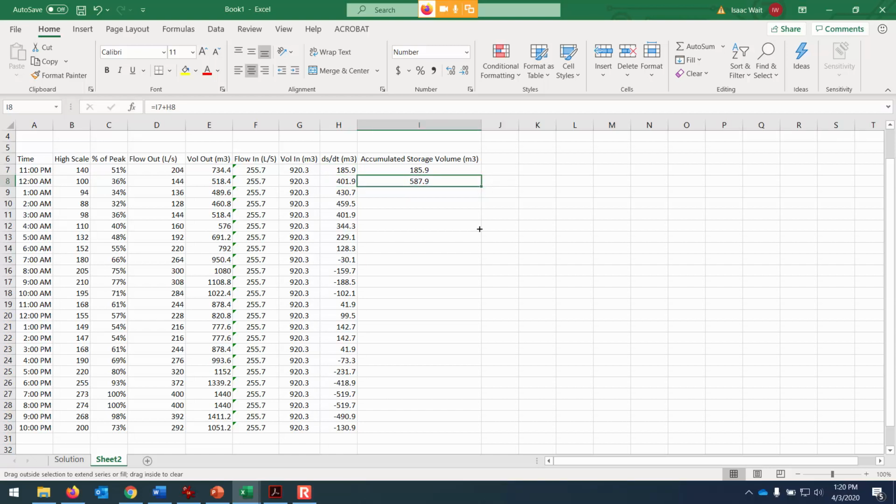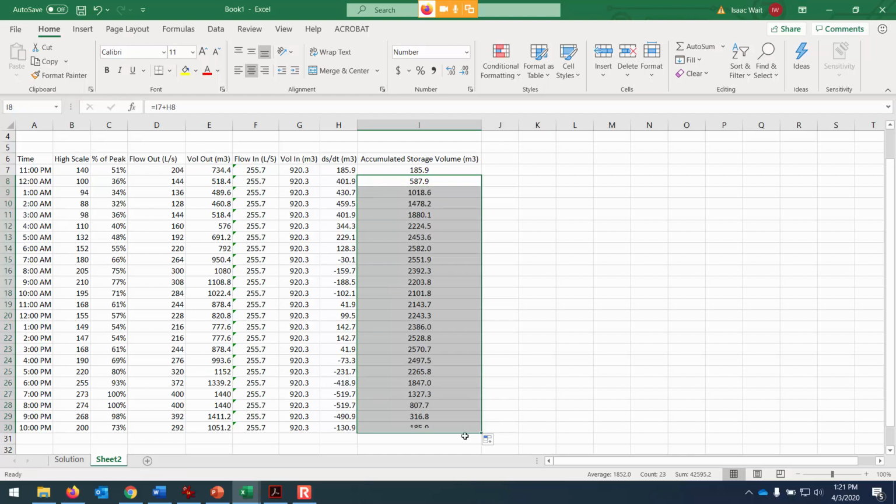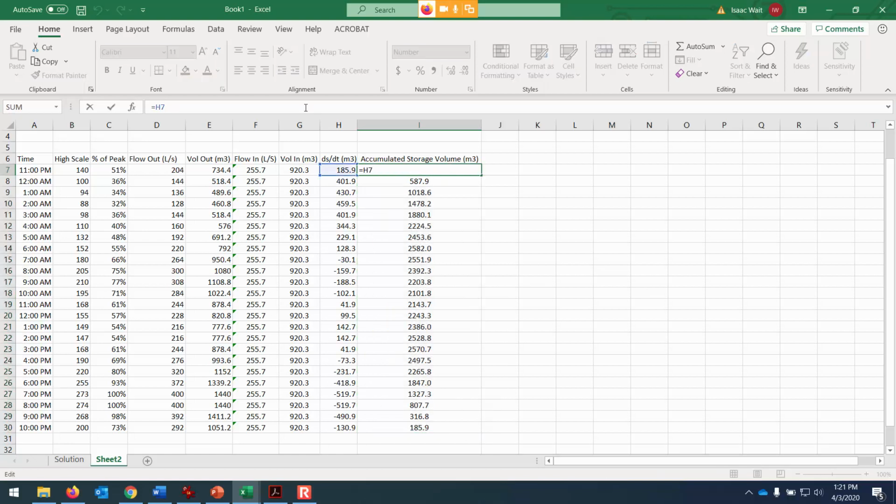Okay, so dragging it down through the rest of the cycle, now you know you did it correctly if it goes back to 0 at the end of a daily cycle. And looks like I've got an issue here because it didn't go to 0. Let's see.